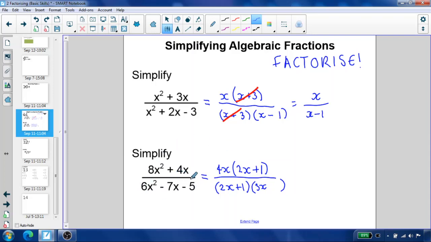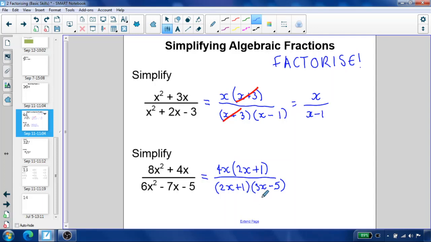Now, looking here, I've got a 5, so 5 is prime, which means this number will be 5, and it's a minus 5. Straight away I know this is going to be a minus because I've got a positive here, and to make a minus I need a minus. We can check that we're going to get minus 7x: 2x multiplied by minus 5 is minus 10x, and 3x multiplied by 1 is 3x.